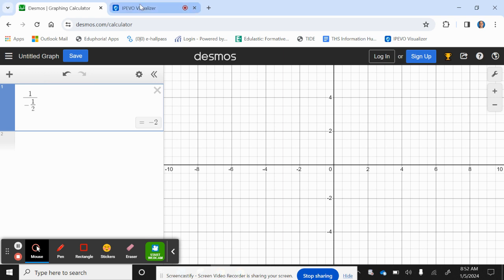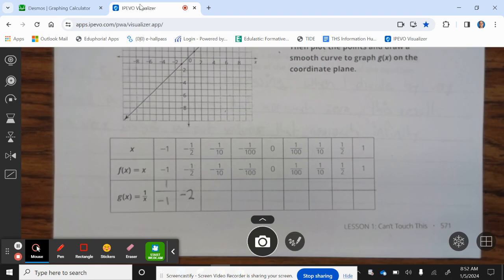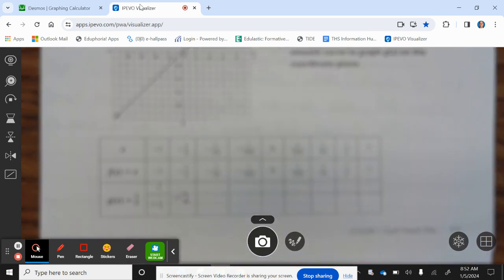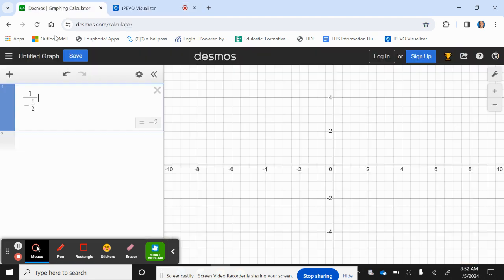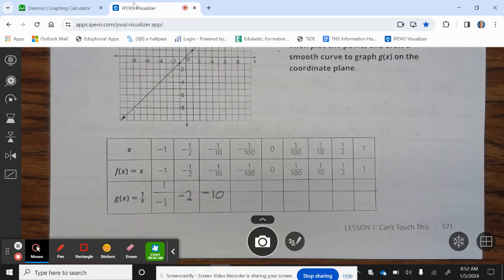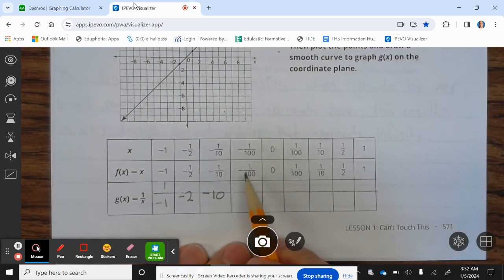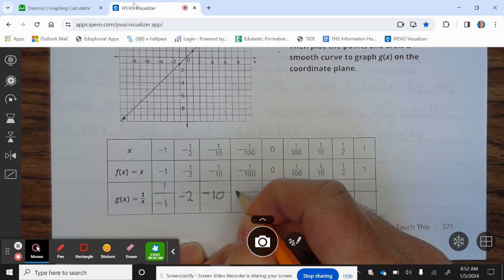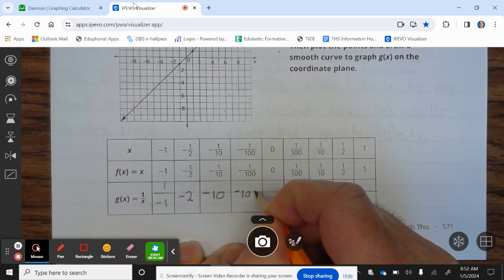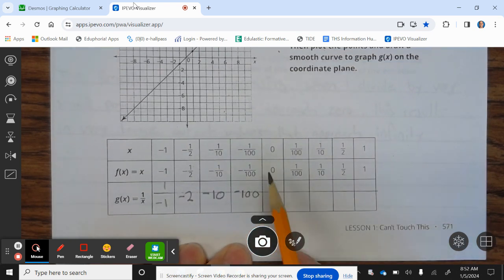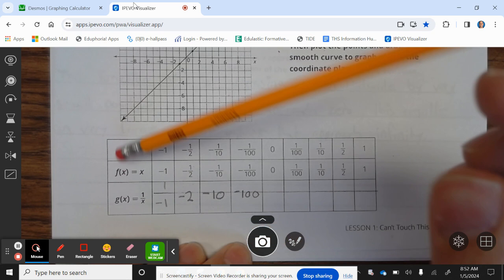Now, 1 divided by -1/10, same thing. We're just going to change this to a 10, which is -10. If you see what's happening, this becomes -100. Now, 1 divided by 0 is undefined.